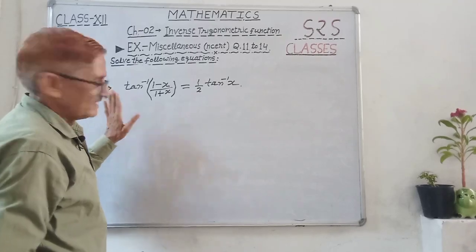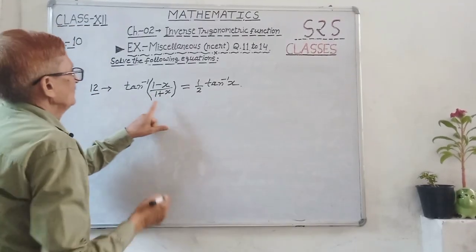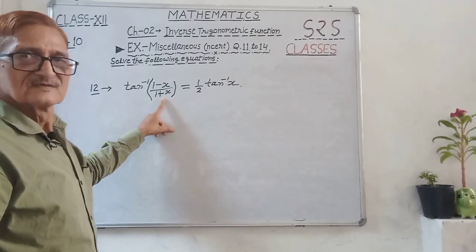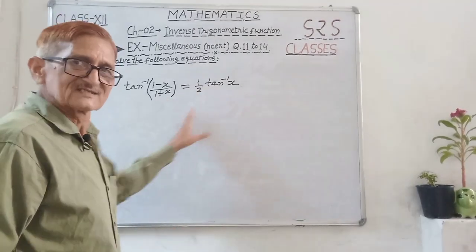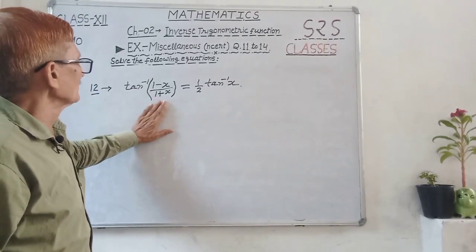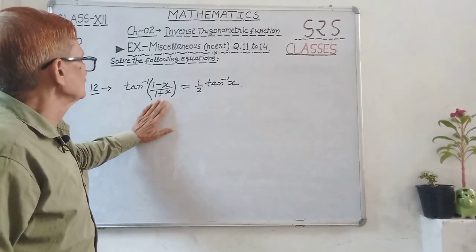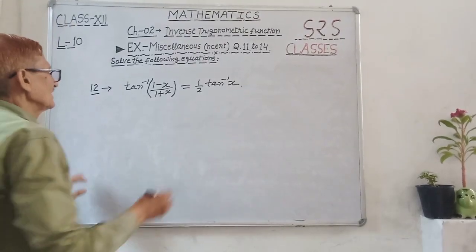Okay, now another method. If you do not want to use that formula 2 tan inverse x, you can take a substitution for 1 minus x upon 1 plus x and then you can find the value. Any method you can apply.